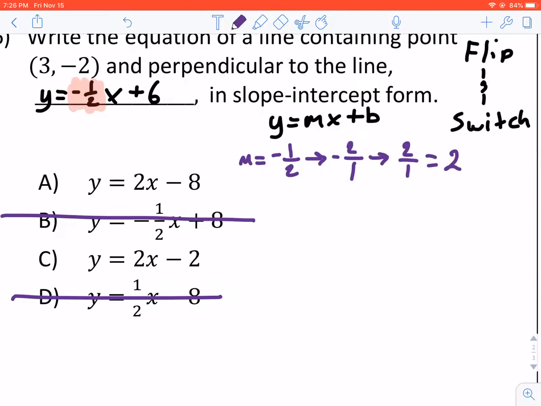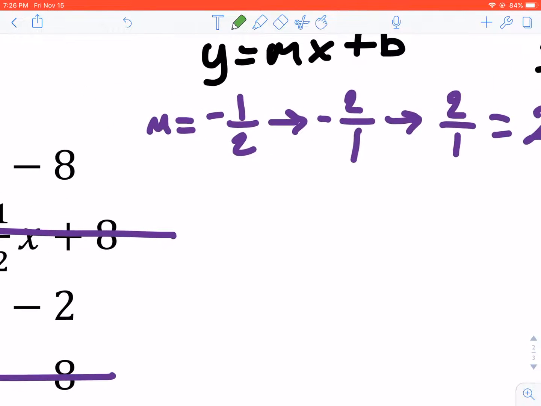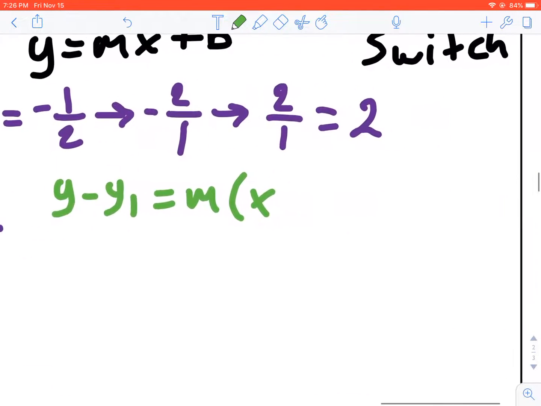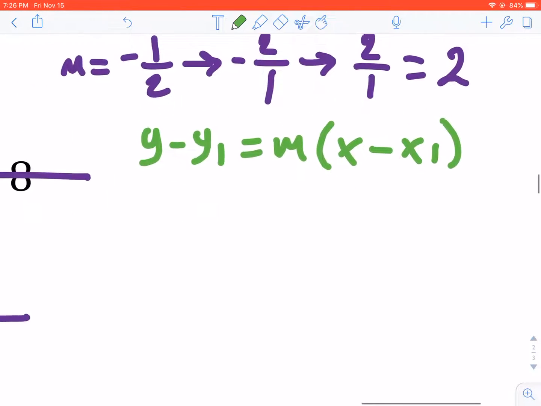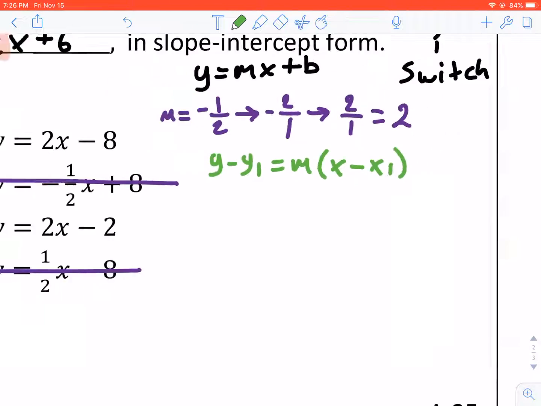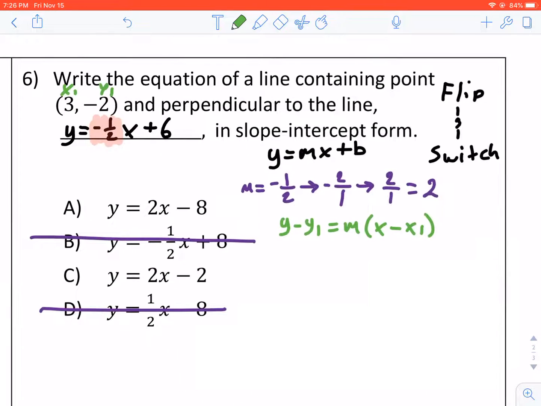So it says it has to go through the point 3, negative 2. And since we have slope and we have a point, we can use point slope form. Let me rewrite down what point slope form was, which is y minus y1 equals m times x minus x1. If I want to fill everything in, I know that my x1 and y1 are right here. Let's label those, x1, y1. Beautiful. 3 and negative 2.